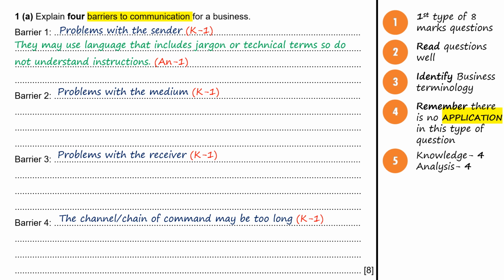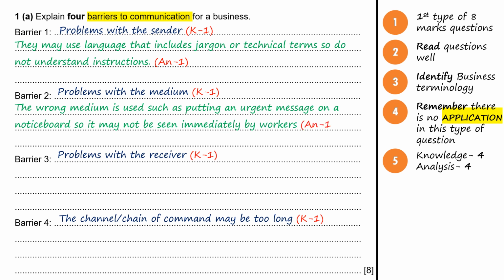So you will have to explain the problem with the sender so that you can be awarded the 1 mark for analysis. The second barrier is problems with the medium. The wrong medium is used, such as putting an urgent message on a notice board, so it may not be seen immediately by workers.